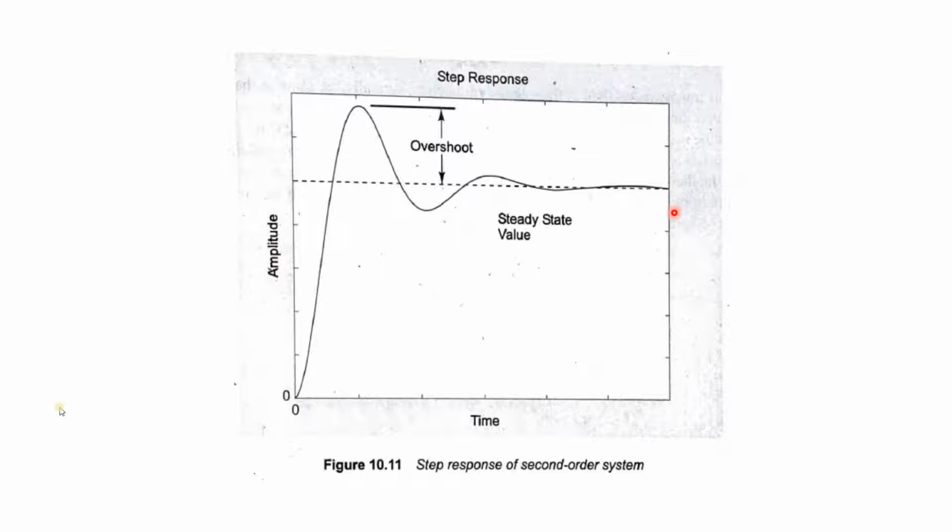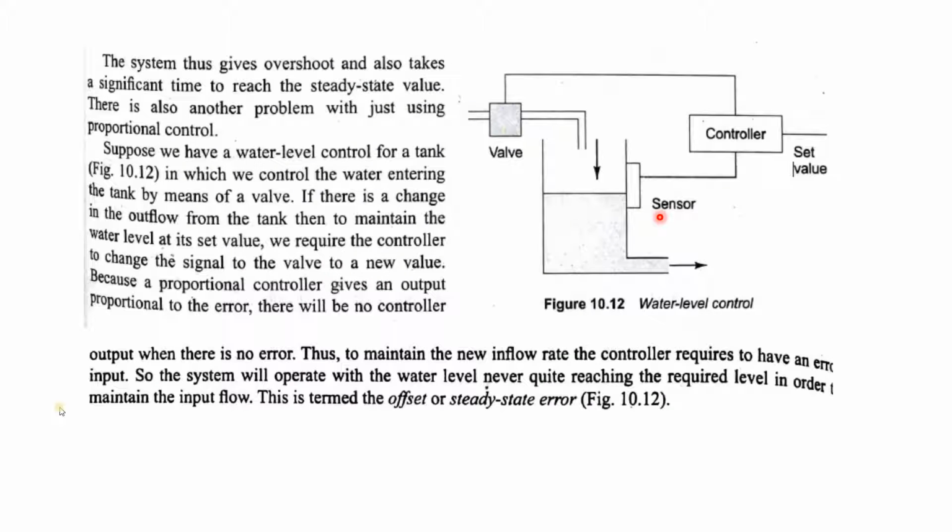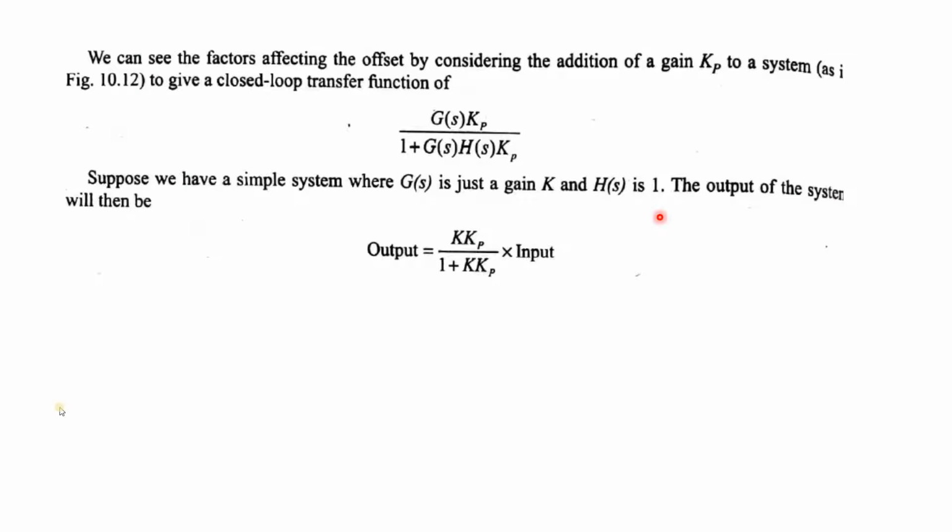Suppose you take this particular system of water level control. It was seen from the equation that this was the output considering the proportional controller. Kp is the gain of the proportional controller.